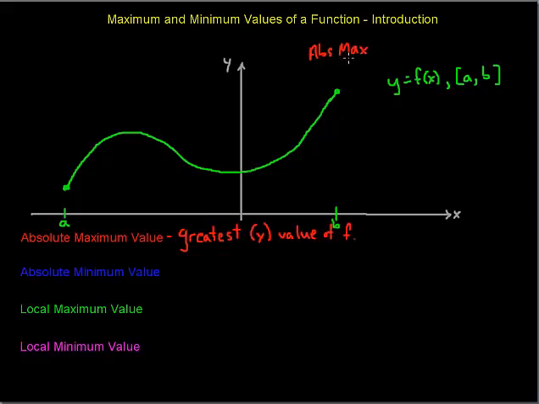It occurs at the point b comma f of b. But if we wanted to know what the absolute maximum value is, that's just the y-coordinate of the point, or f of b.